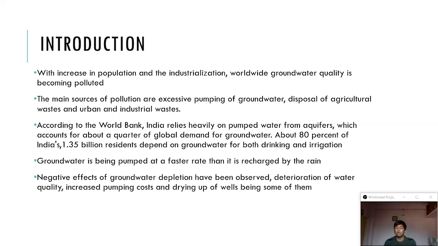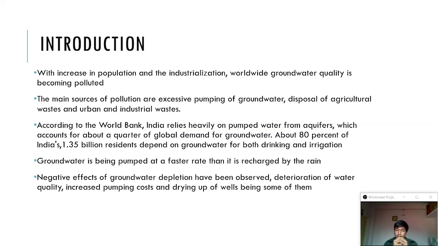We all know how groundwater is formed, right? There's a water cycle. Water from the sea gets evaporated, and the clouds form. And when excess clouds are formed and they cannot hold the pressure of the water anymore, it rains.